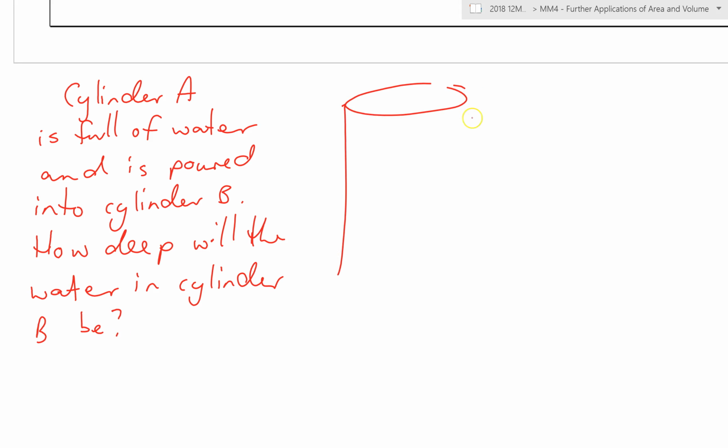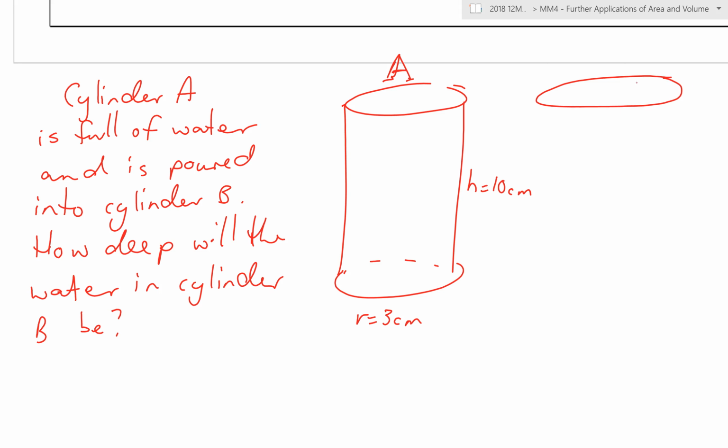Okay, so here is cylinder A. Let's say my radius equals 3 centimetres, my height equals 10 centimetres, and this is A. Now B has a radius of 4 centimetres.